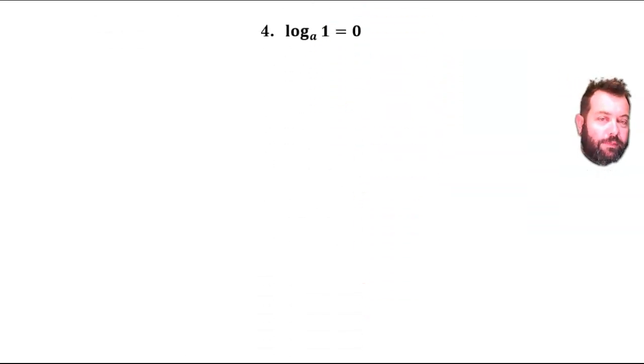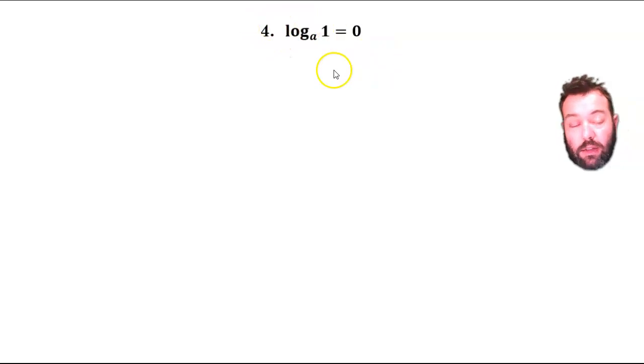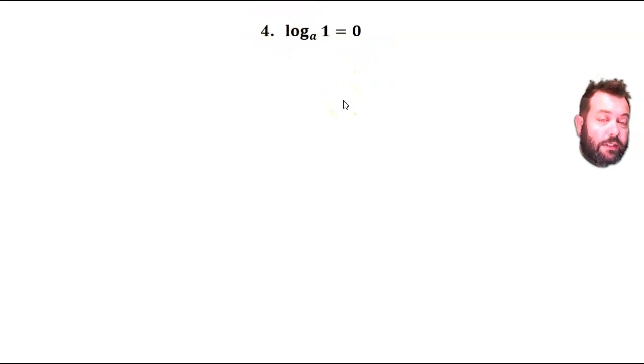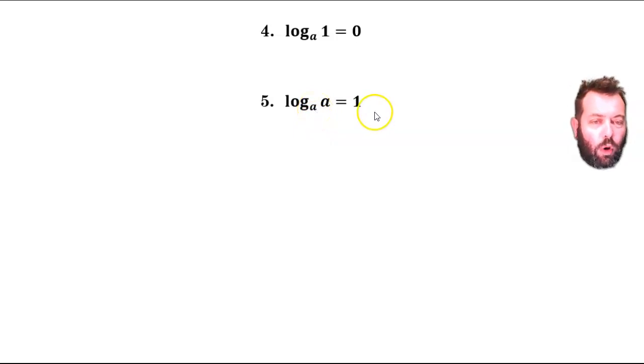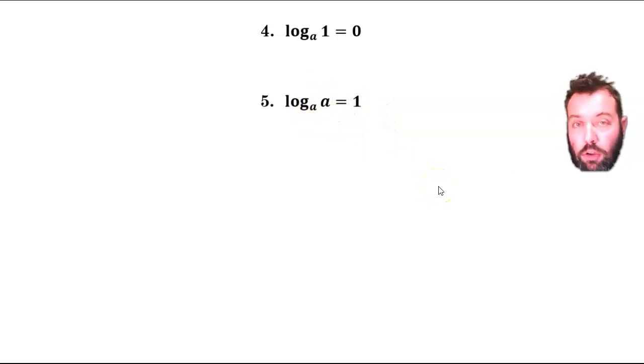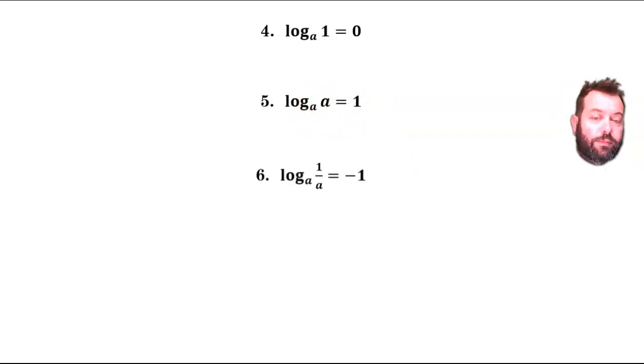Moving along now, we discussed this earlier in the solution to our second example, that the log to any base of 1 is equal to 0, because anything to the power of 0 equals 1. The log of any number to the same base equals 1. A to the power of what equals A? A to the power of 1 equals A. So the log of itself equals 1.